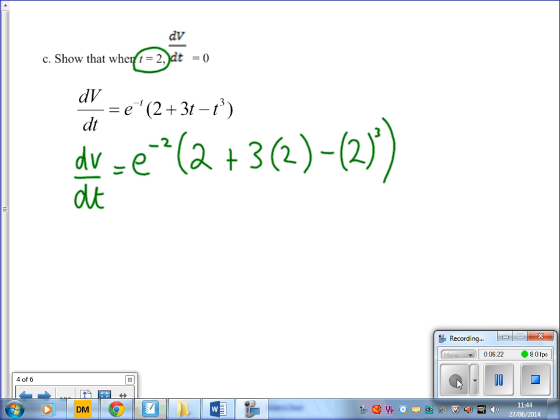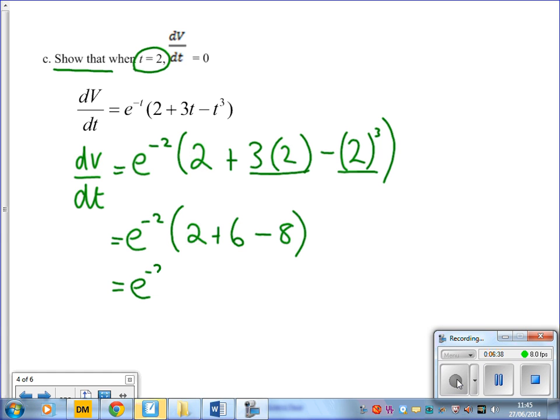Because it's a show that question, make sure you include lots of detail. E to the minus 2, 2 plus 6 minus 8. E to the minus 2, 2 plus 6 is 8, take away 8 is 0. There we've shown dv dt is 0.